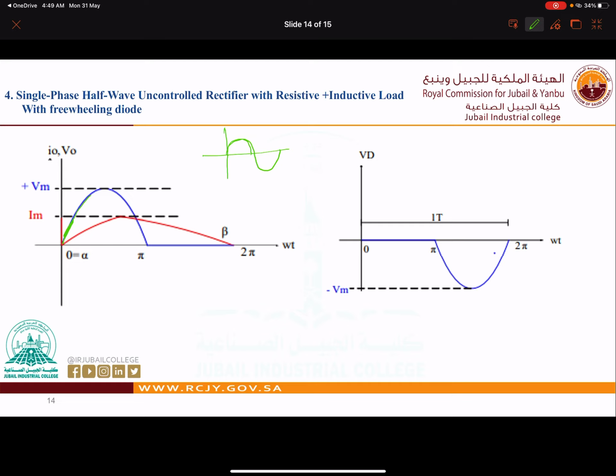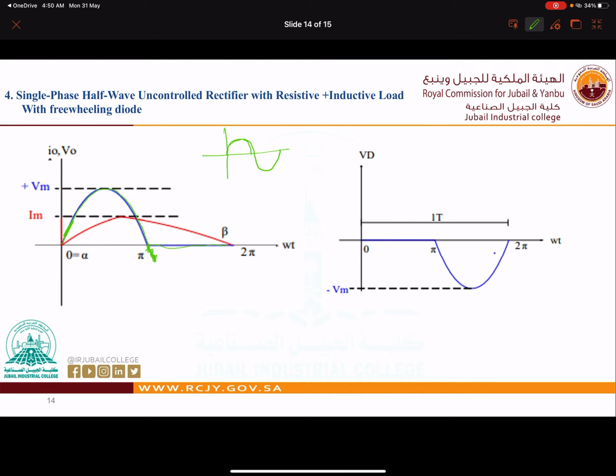It is the same as the supply voltage, but it will not go to the negative. Remember this negative? No, it will not go to the negative. Why is that? Because we said that the current is going to be discharged through the load. It will not come back to the supply. So the negative part is being removed, and it will go to 0.